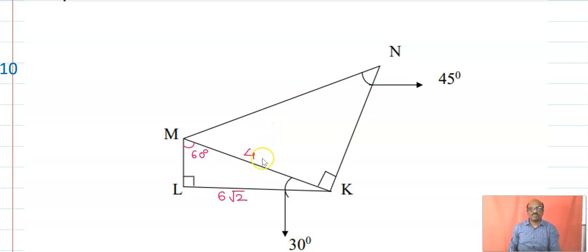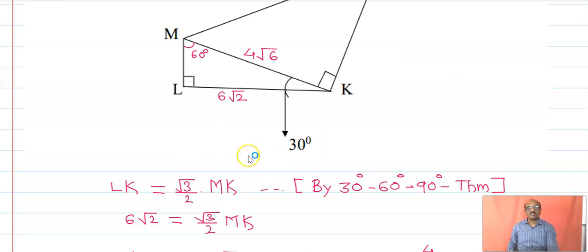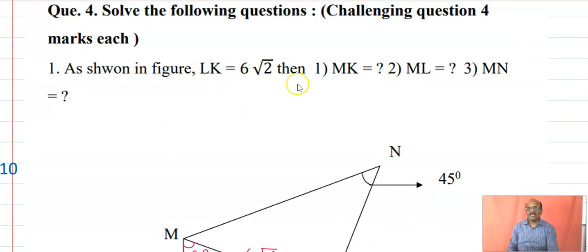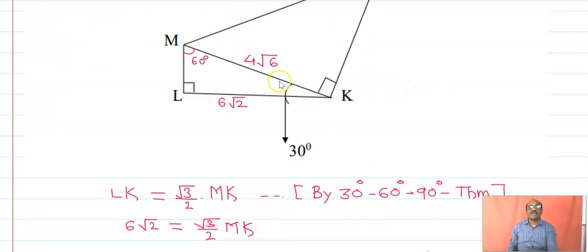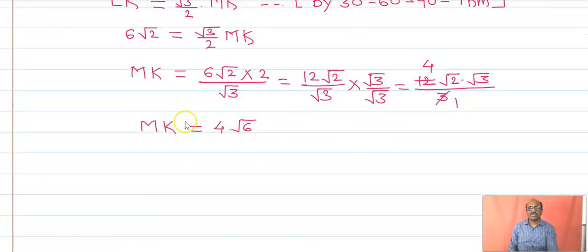Here 4 root 6. Next we will find out the ML. ML पाहिजे आपल्याला, and ML ही साइड कशी आहे तर 30 च्या ऑपोजिट आहे.